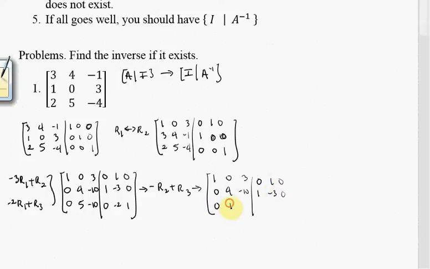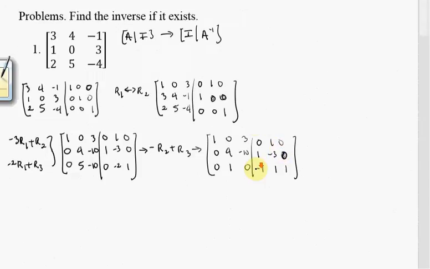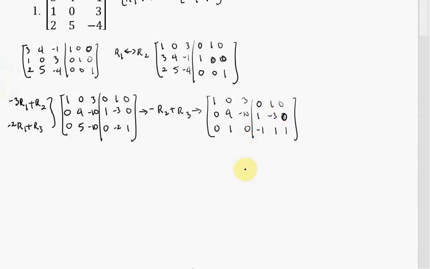So 0, 1, 0, negative 1. This is 3 minus 2 is 1, and then 0 plus 1 is 1. Now we interchange rows 2 and 3.